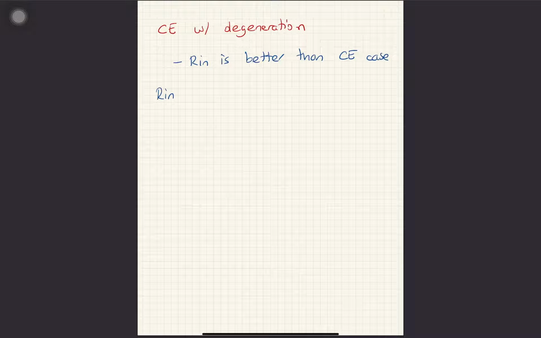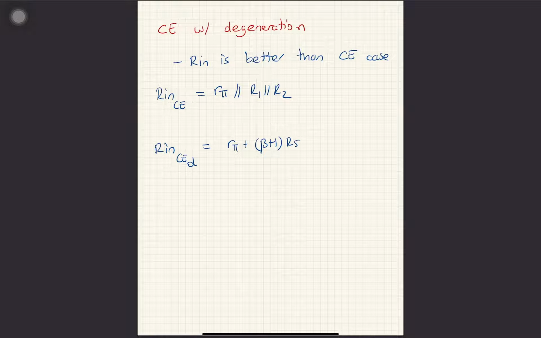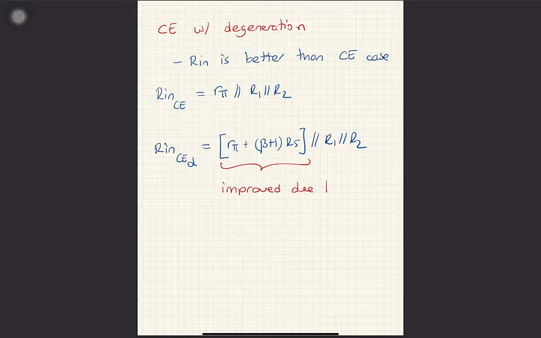For Rin of CE bias, R pi in parallel with R1 in parallel with R2. Rin of CE with degeneration is R pi plus beta plus 1 R5 in parallel with R1 in parallel with R2. So improved due to reflection.